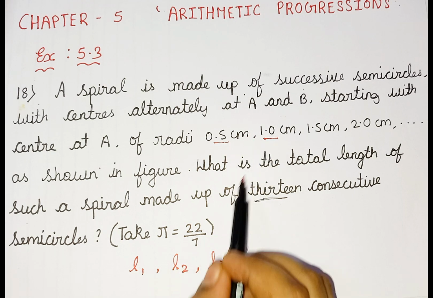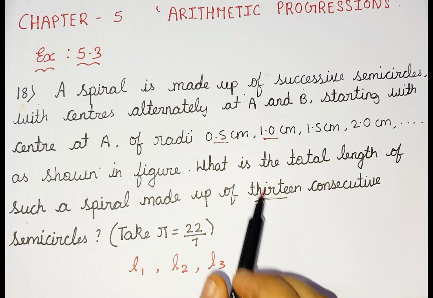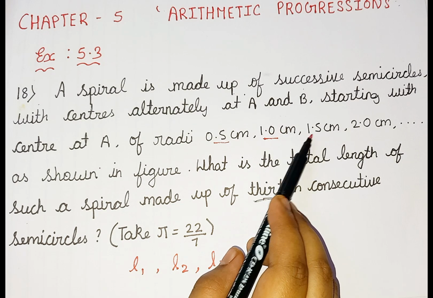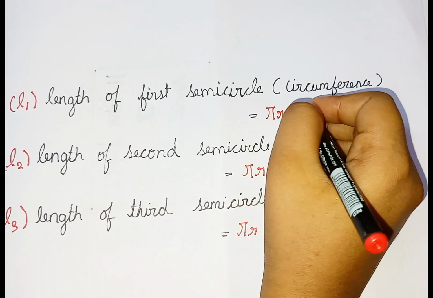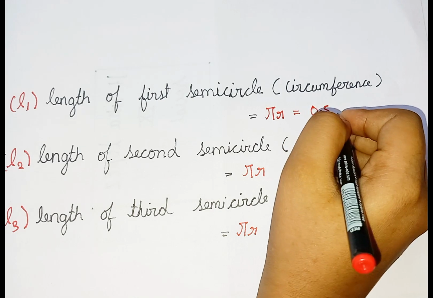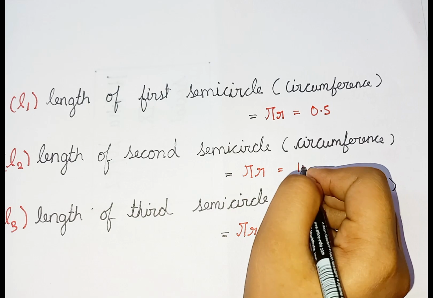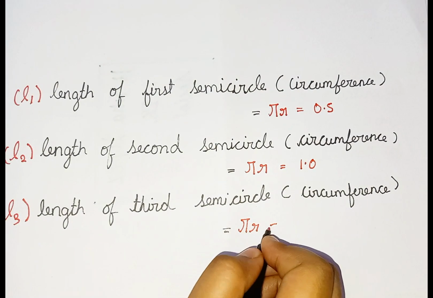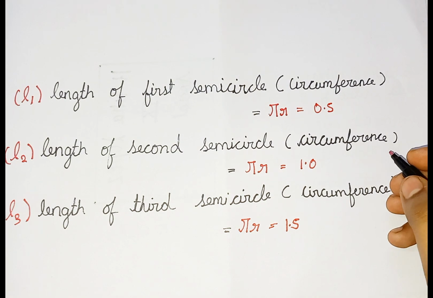For length number 2, the radius is 1.0 centimeter. For length number 3, the radius is 1.5 centimeter. So I can write 0.5, then 1.0, and 1.5.